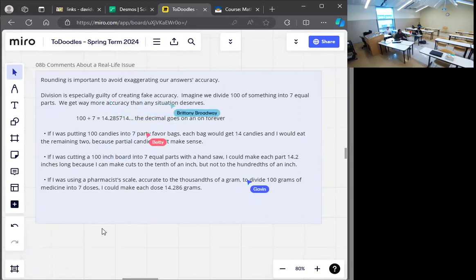Okay, let's talk about rounding. So rounding is important because we don't want to exaggerate our accuracy. And the most common way to get fake accuracy is if we divide. So if I do 100 divided by 7, then that just goes on and on and on.